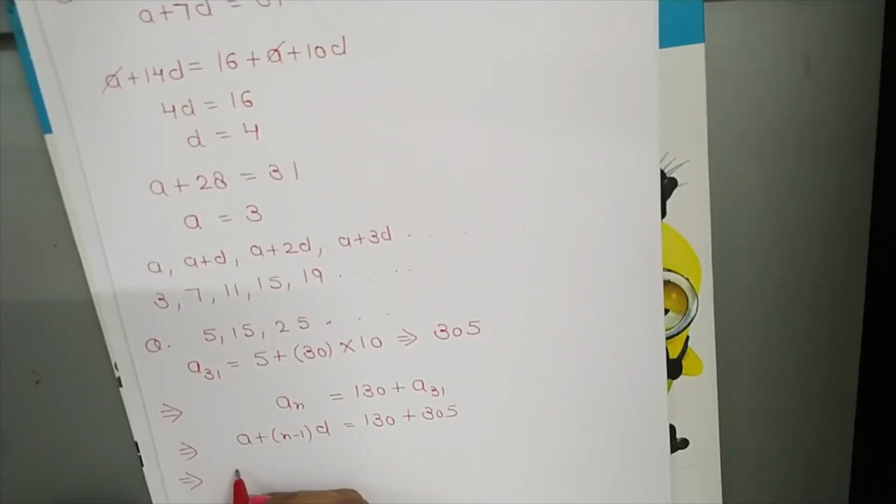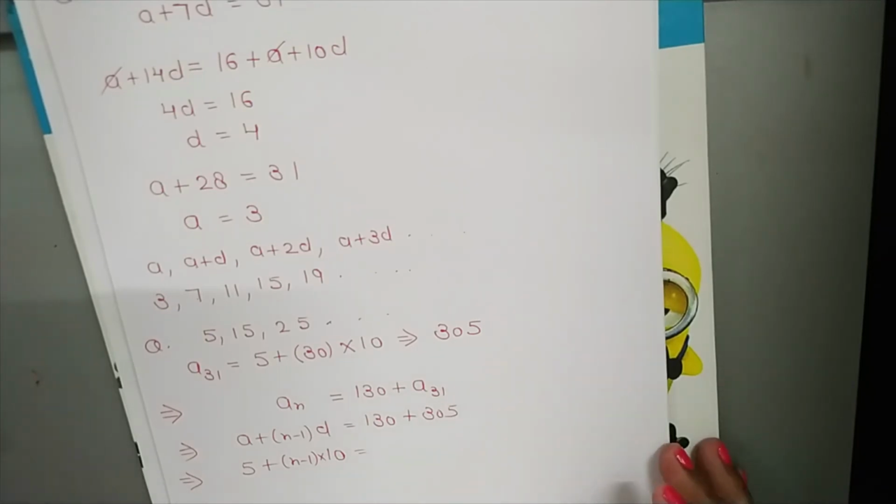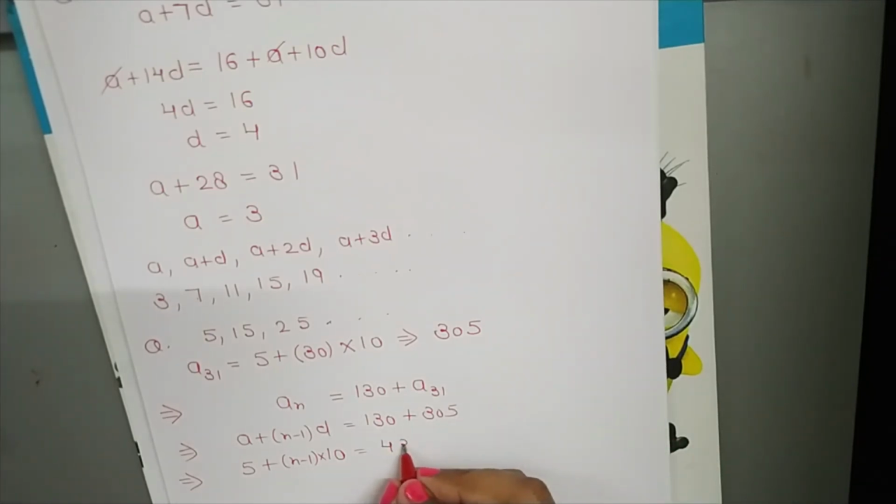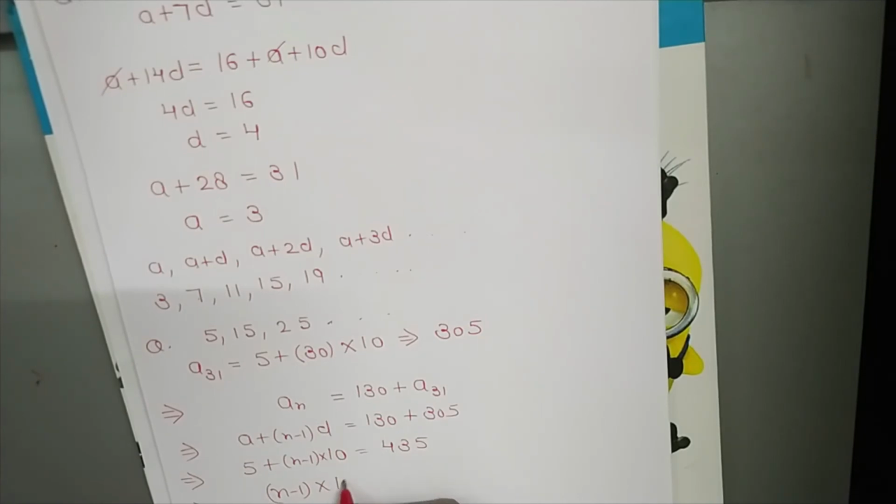Now a is 5, so 5 plus (n minus 1) times 10 is equal to 435. Then (n minus 1) into 10 is equal to 430.